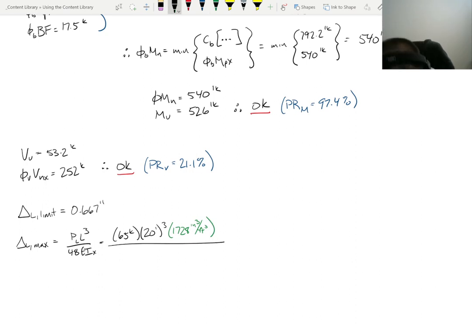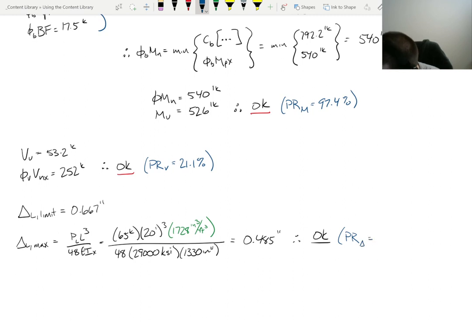I started doing my unit conversion factors in a different color a long time ago, just as a reminder that you need to do them. And then 1330 inches to the fourth. When you chug this out, you get 0.485 inches. And so this is good, obviously. And this is a performance ratio of 72.8%.